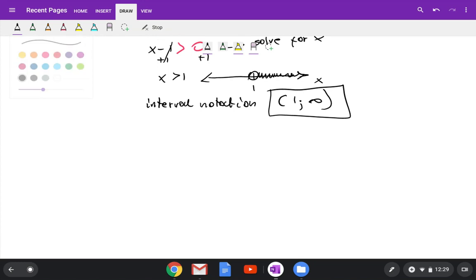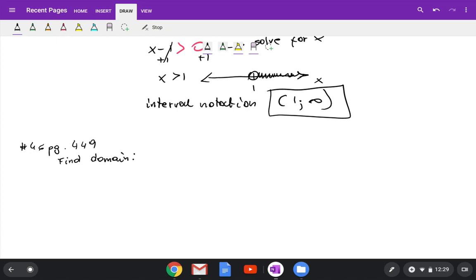Number 46 from page 449. You have to find the domain. So again, we find the domain in all those problems, and they give you function g of x, which is equal to ln of 1 over x minus 5.